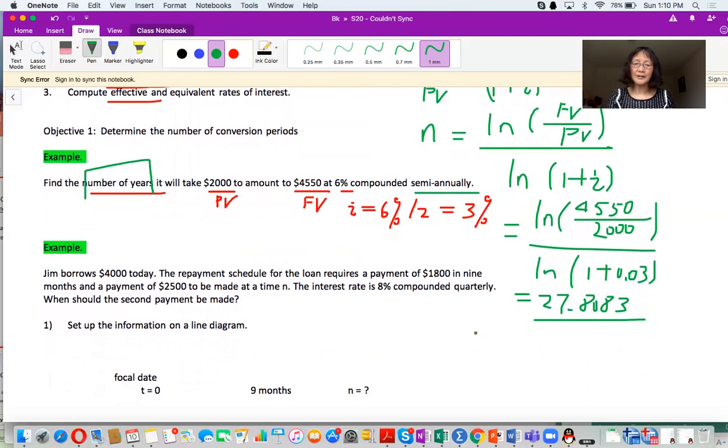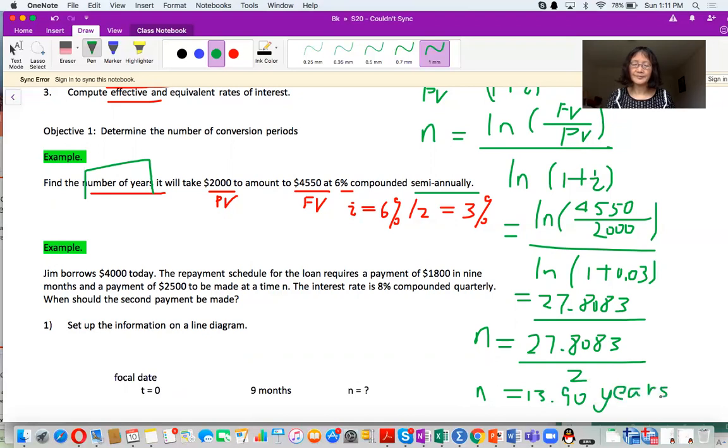So finally, for the answer for n, you should use this number divided by 2, because a year has 2 semi-annual periods. So divided by 2, you get how many years? So it is 13.90 years. Okay, so this is this example.